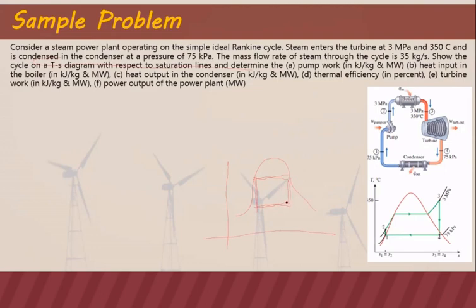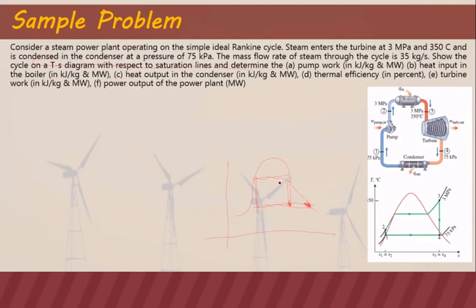First, it's not good that what comes out of the turbine is a mixture. That's why we have to extend this one here, making it saturated vapor, or a high quality of steam before it enters the condenser.